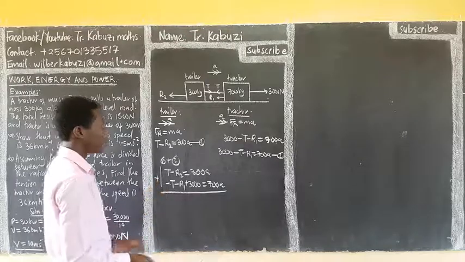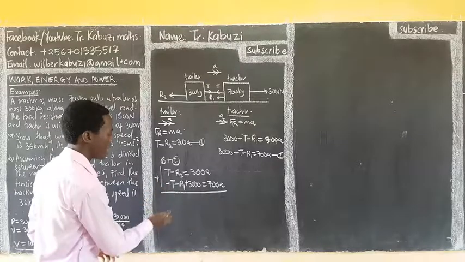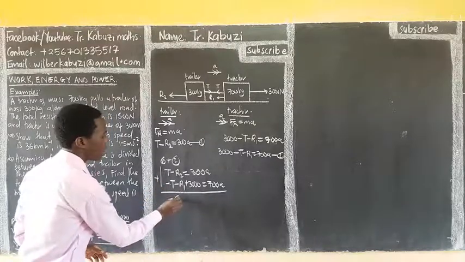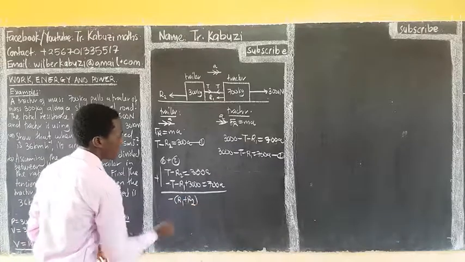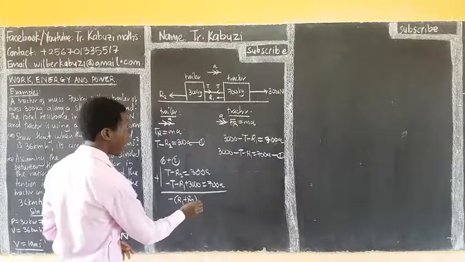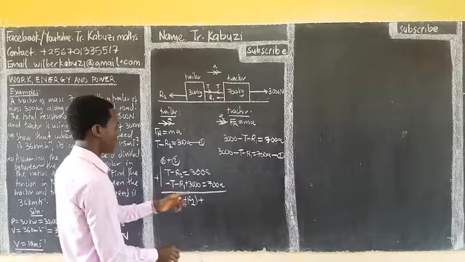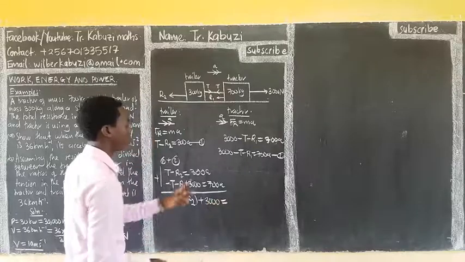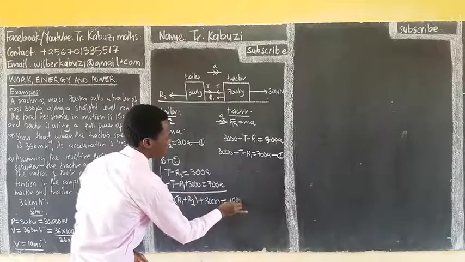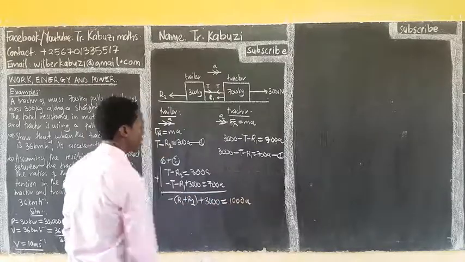This plus this goes to 0, this plus this, so I'll be having negative R1 plus R2, then plus 0 plus 3,000, I have that, equaling 1,000 times acceleration.